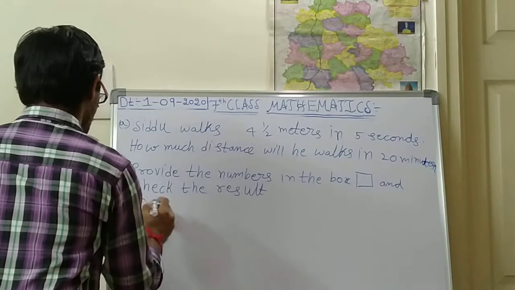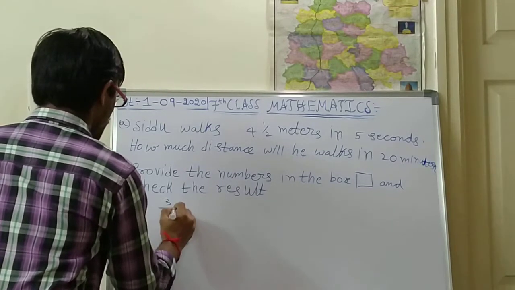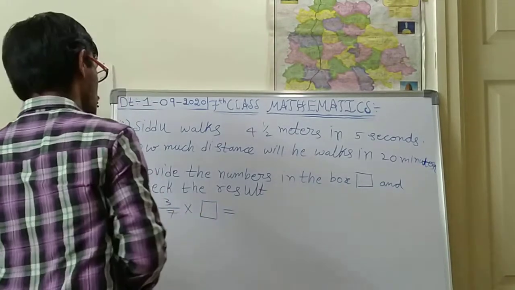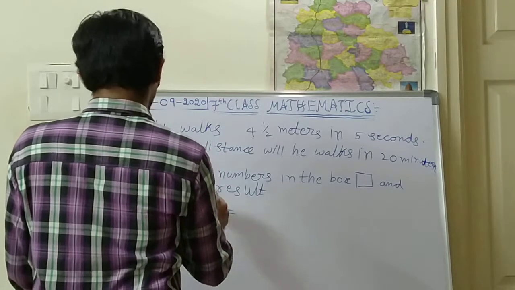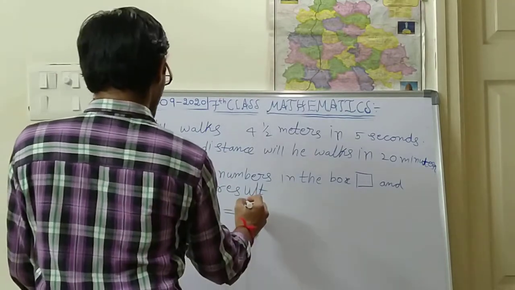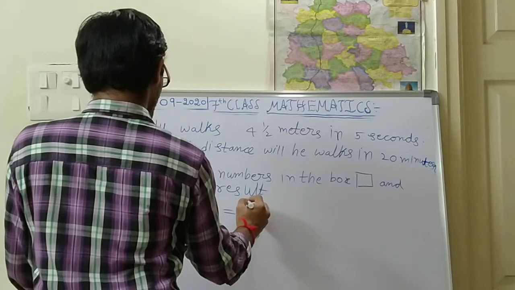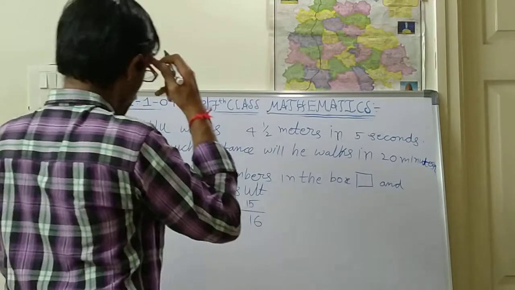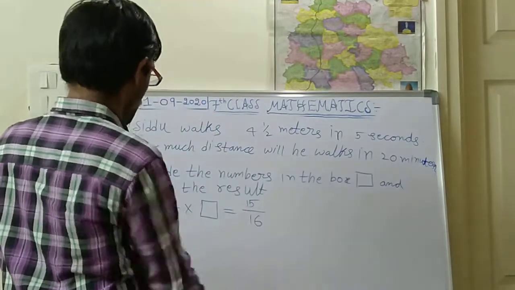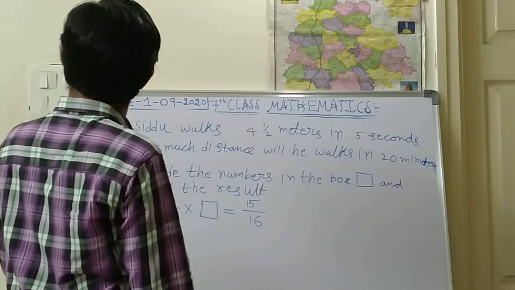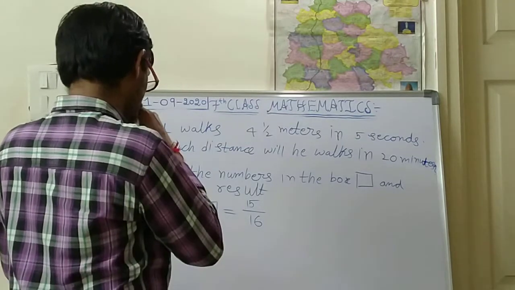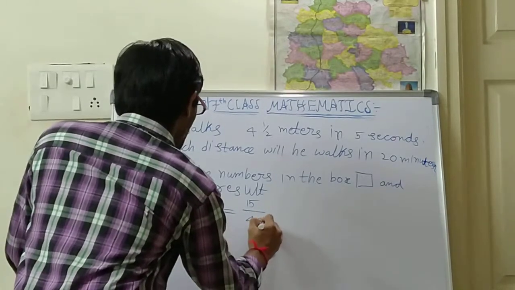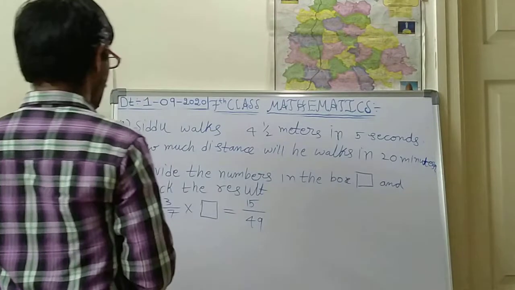First one: 3 by 7 into box is equal to 15 by 16, box into 15. Okay, so this one.